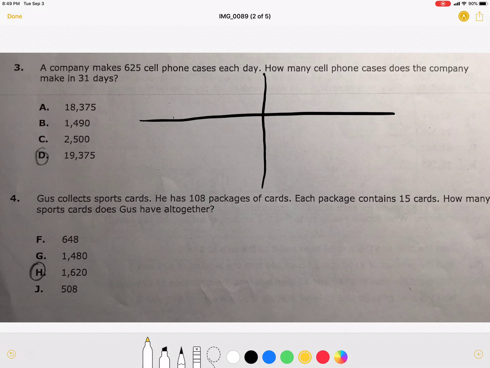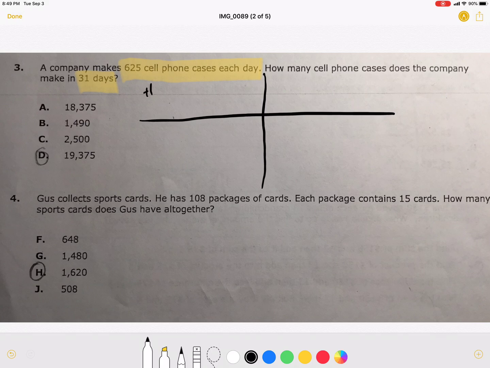So company makes 625 cell phone cases each day, and 31 days.